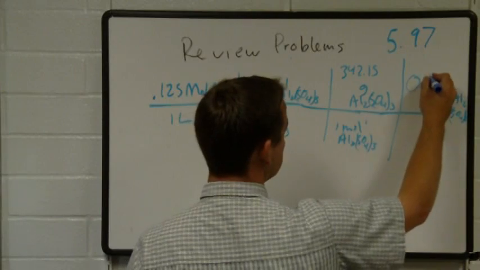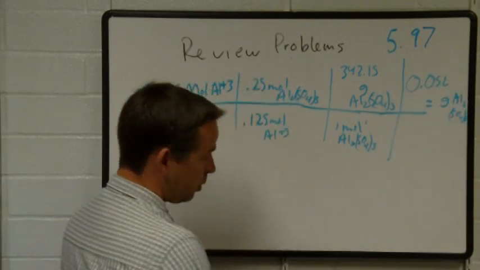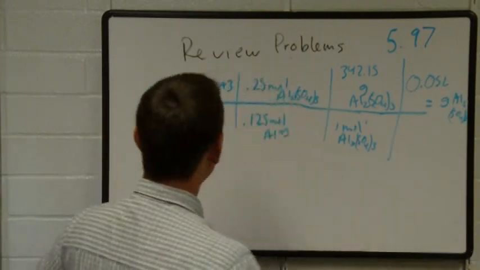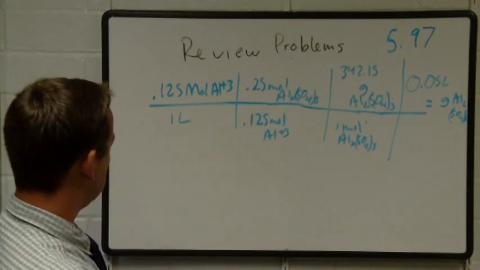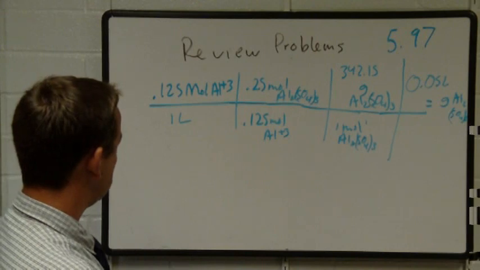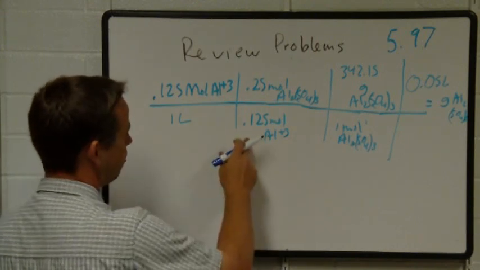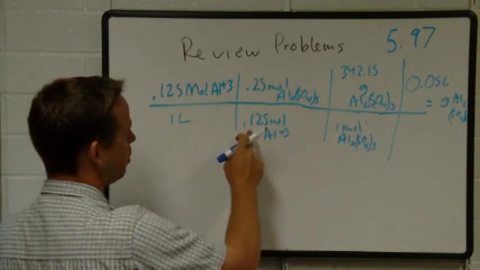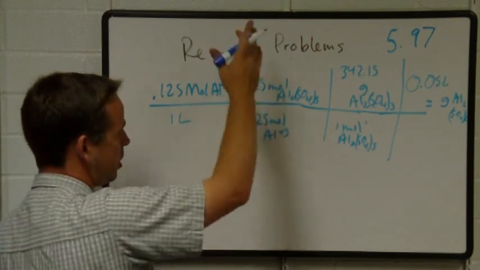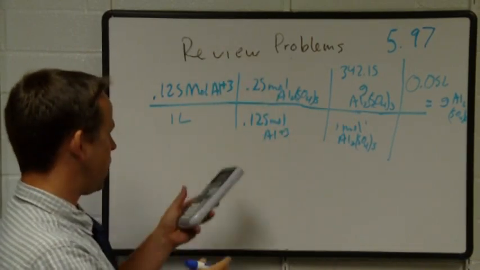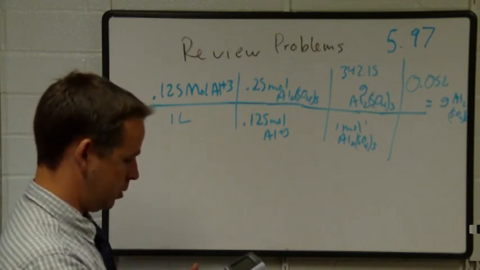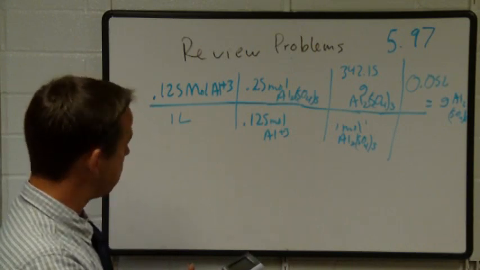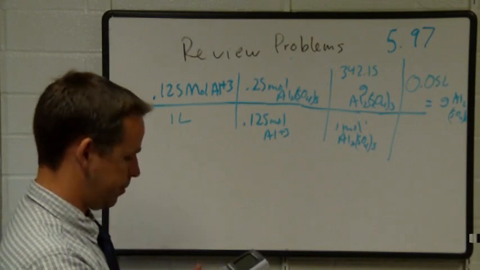And we know we had 0.05 liters. That's our 50 milliliters. Okay? So we take our 0.125, for every 0.125, 0.25. This could have been a 1 to 2 instead, but it's the same thing. So 0.125 divided by 0.125 times 0.25.